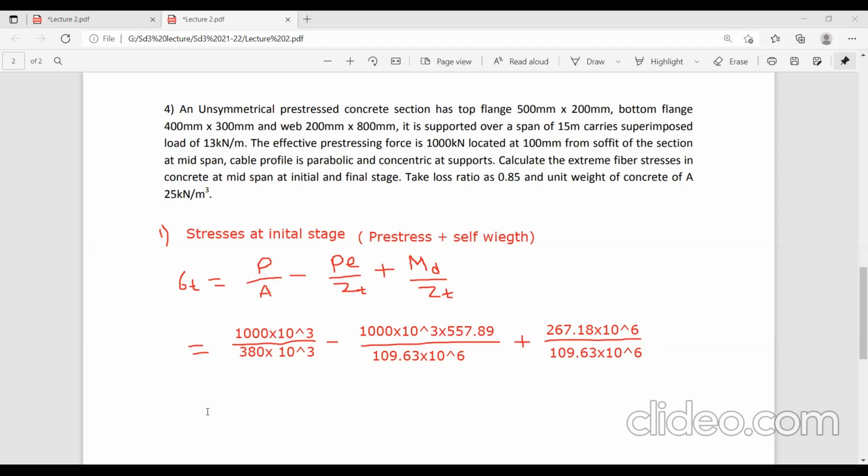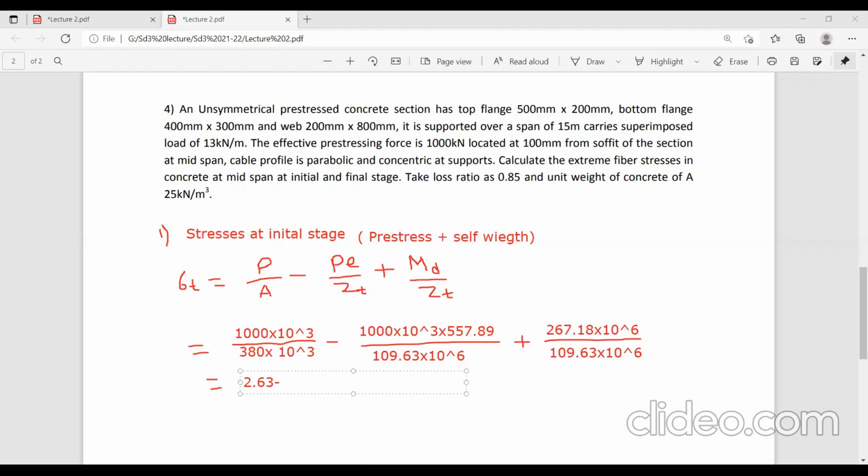Now first find out the first term P by A. You can directly get 1000 divided by 380. 10 raised to 3 will get cancelled. So it will be 2.63.